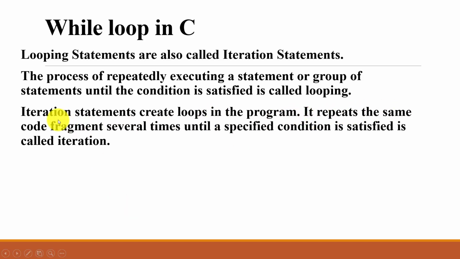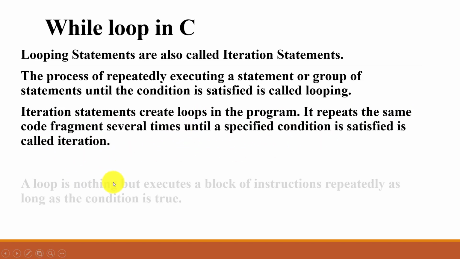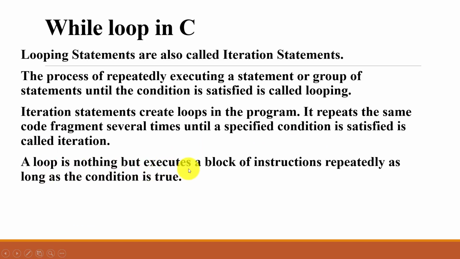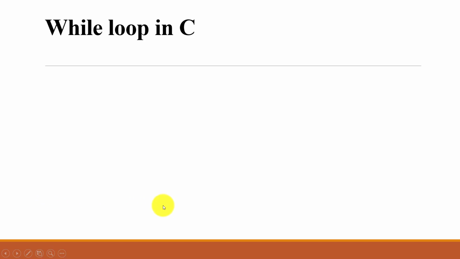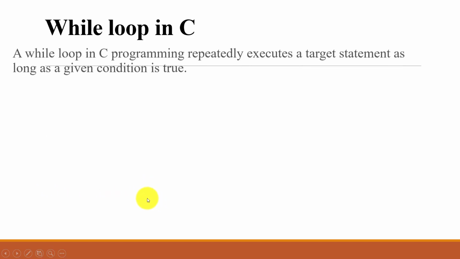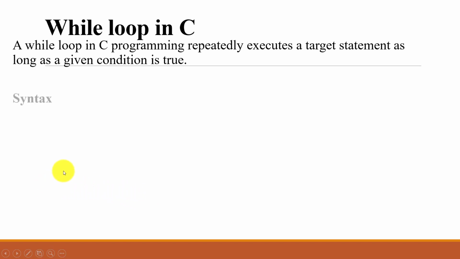It repeats the same code fragment several times until the condition is not satisfied, and that is iteration. A loop executes a block of instructions or statements repeatedly as long as the condition is true. Now let's understand it with one example.